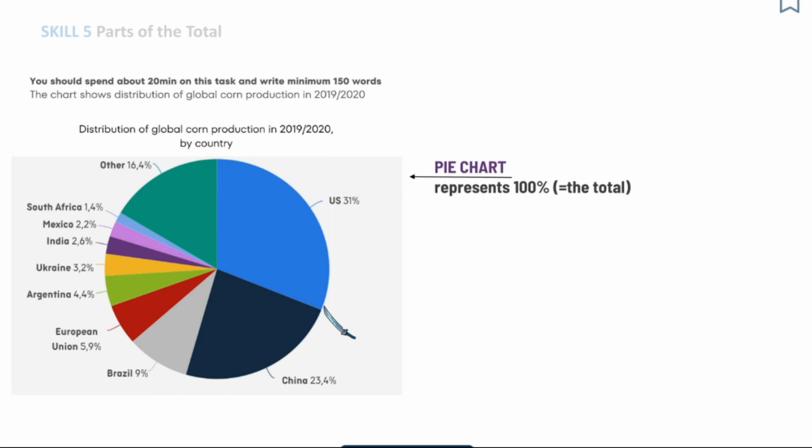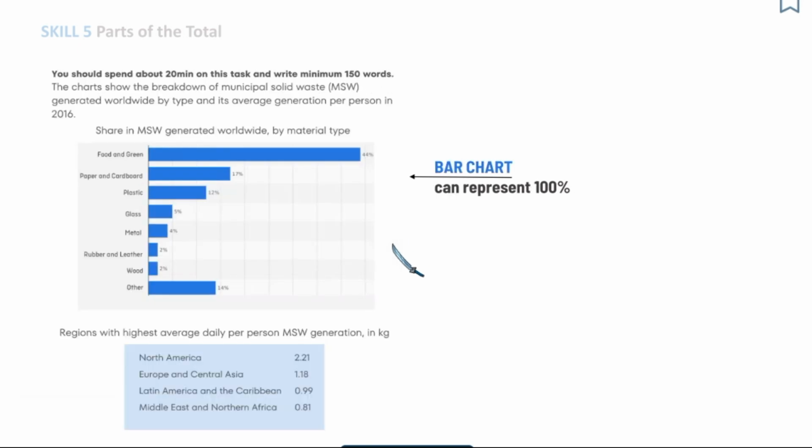So pie charts always represent 100% or the total. But a pie chart is not the only way to talk about parts of something. Another possible way is to use a bar chart. Here you can see a bar chart, and in this case it also represents 100%.